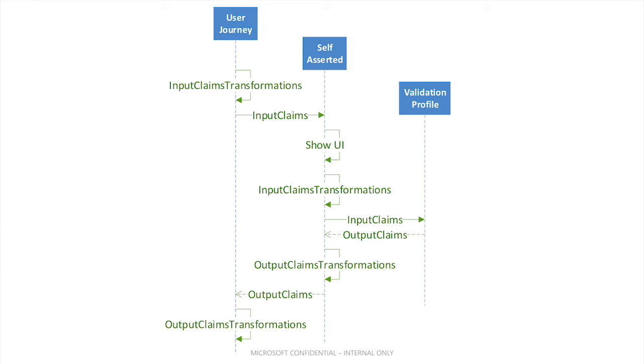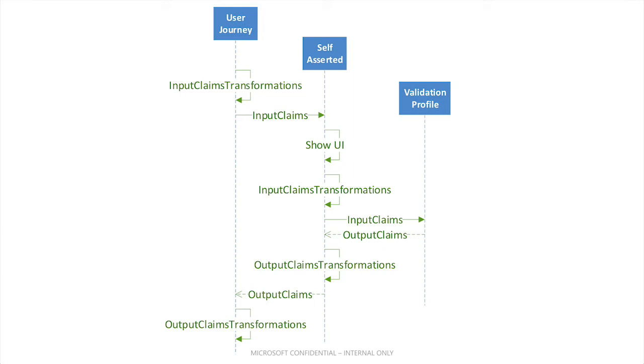Then it is going to invoke the self-asserted provider and send the input claims. So let's say the self-asserted provider has display name. This is a bad example, but just tolerate me. So let's say it has display name, and we want to show display name, and we want the user to modify the display name. But in the claims bag, we did not have display name. We only had first name and last name.